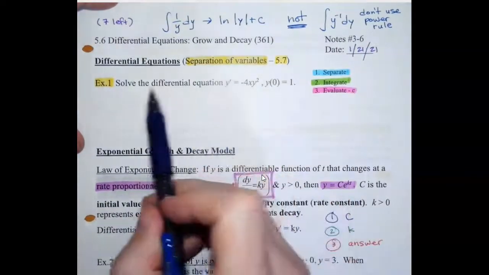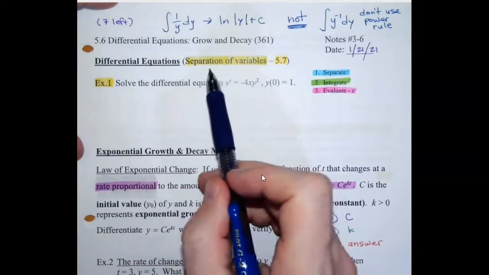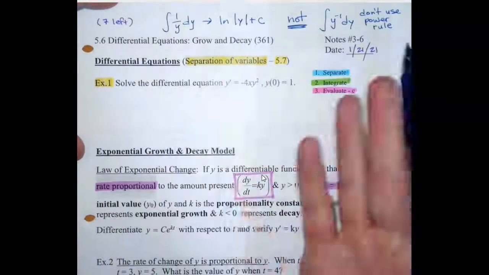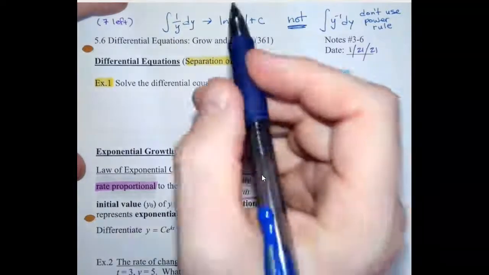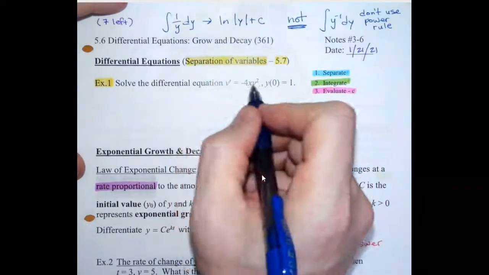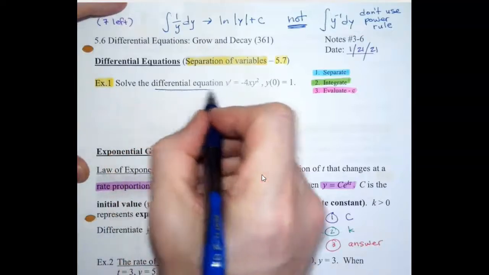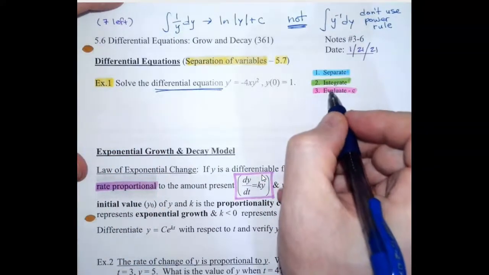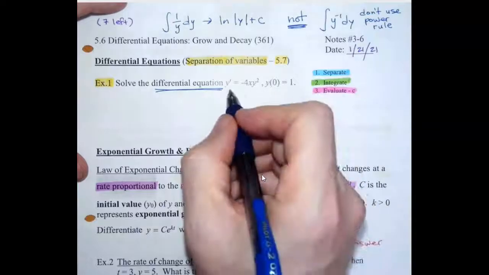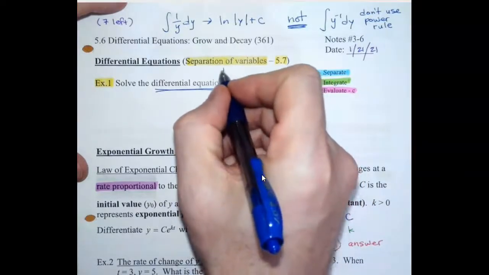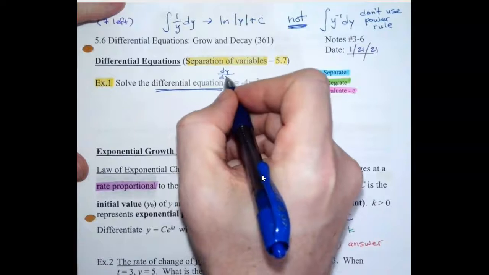Okay, now what we're going to do on this first example is basically separation of variables, and we have a whole lesson on that coming up in our next lesson, but it's here, so we're going to introduce it now anyway. When you see solve a differential equation, you want to focus on these 3 steps: separate, integrate, evaluate. In the separate process, if they write it as y prime, we want to switch that to dy dx.